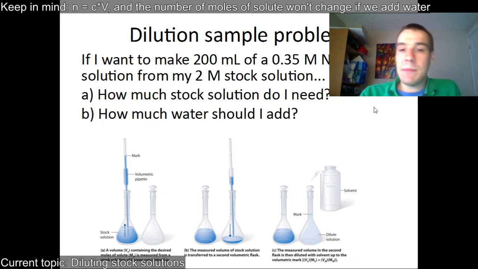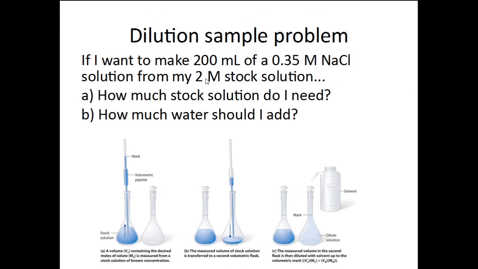So here's a sample problem for that. You can see here's the general way to do a dilution. You pull out a certain amount of your stock solution, you put it into the new volumetric flask, and you fill it up to the mark with water, or whatever your solvent is. So that's what we're doing here. Let's say I've made my salt solution. Right? I've made my 2 molar stock solution of salt.